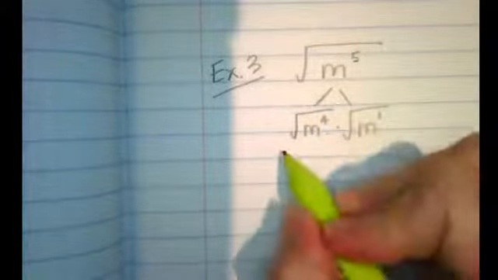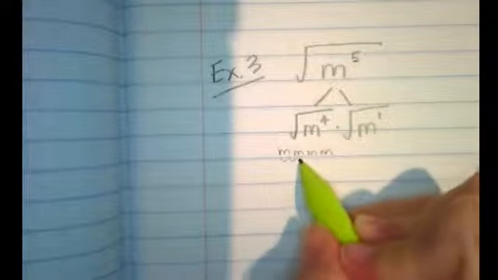All right, now the reason why I'm doing that, you can zoom in a little bit, is that whenever we have variables, we take them out in pairs. So if I have m to the 4th, that means that I have 2 pairs.